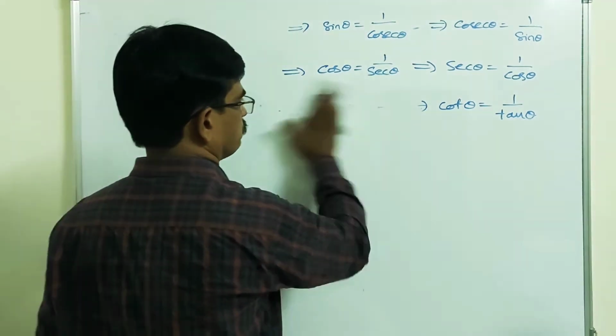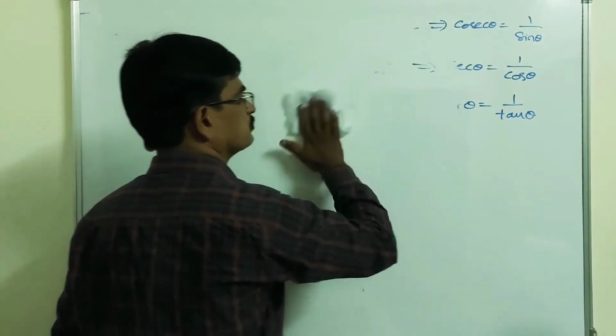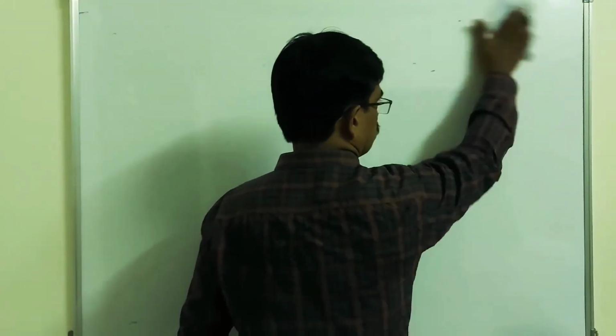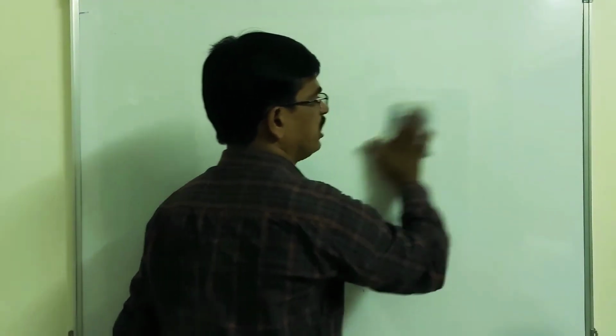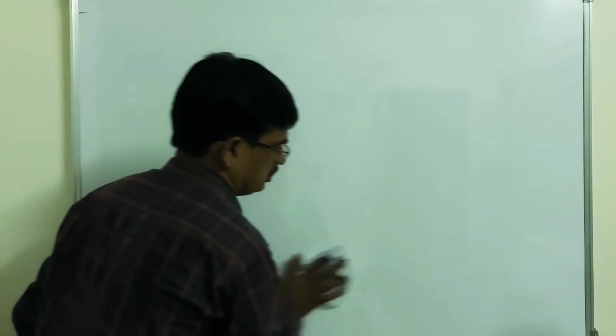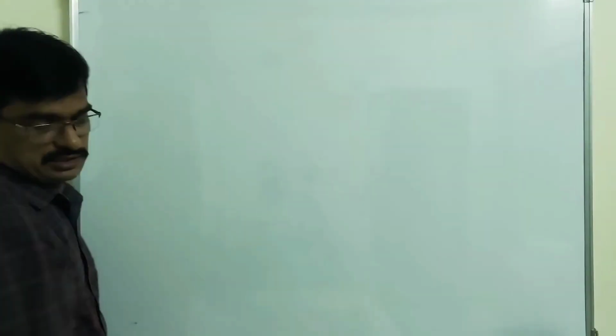To measure the angles, in science we have the MKS system, CGS system, FPS system. Like that, to measure the angle, we have three different systems.